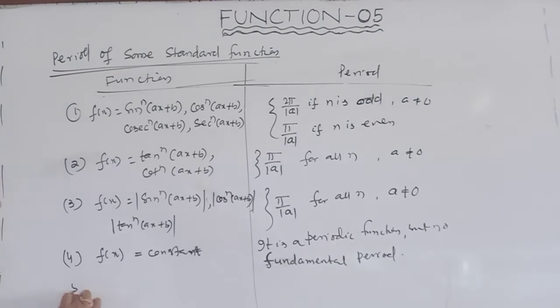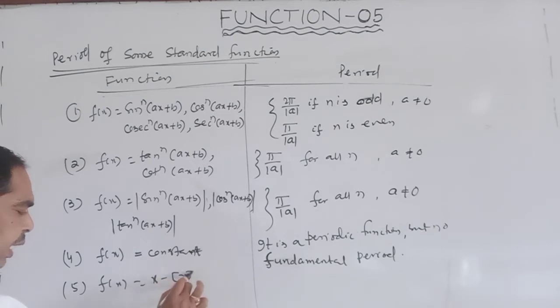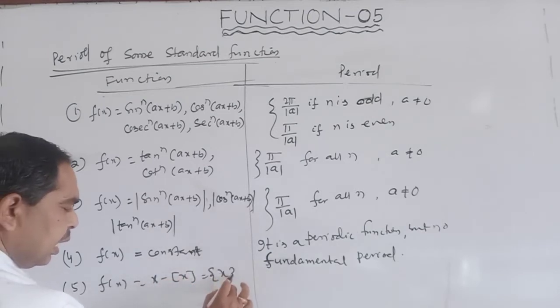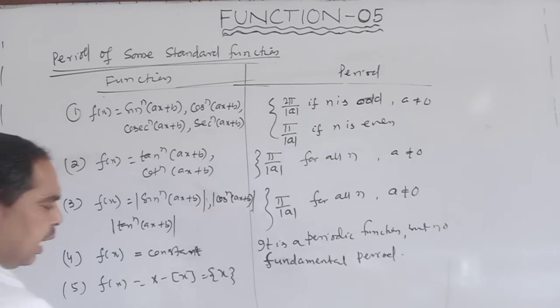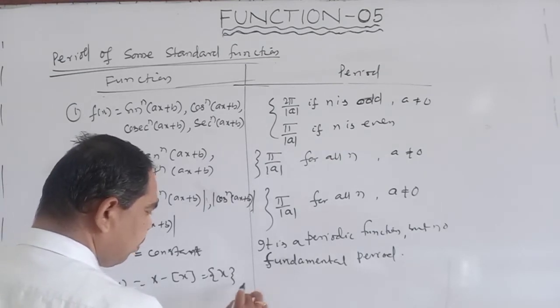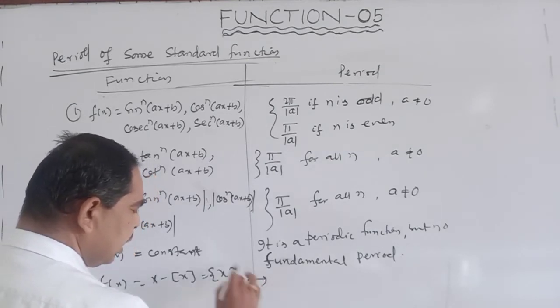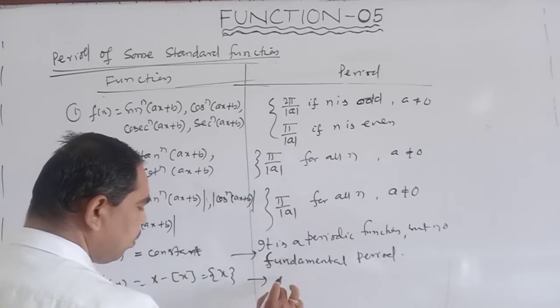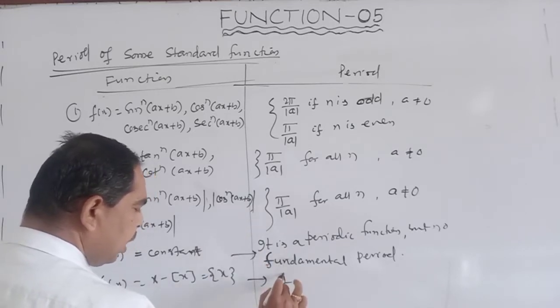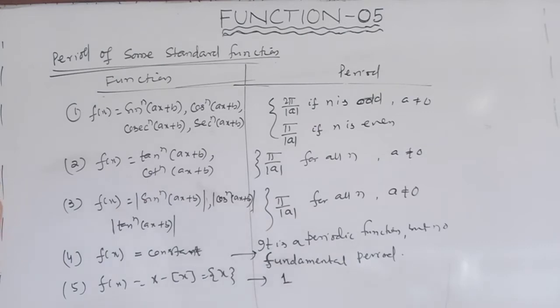Okay, 5: f of x is equal to x minus square bracket x, that is the fractional part function, curly bracket x. The period is 1, the fundamental period is 1.